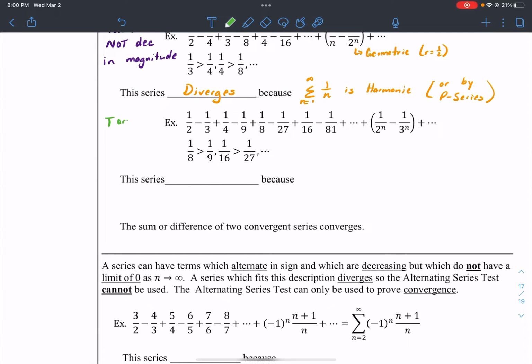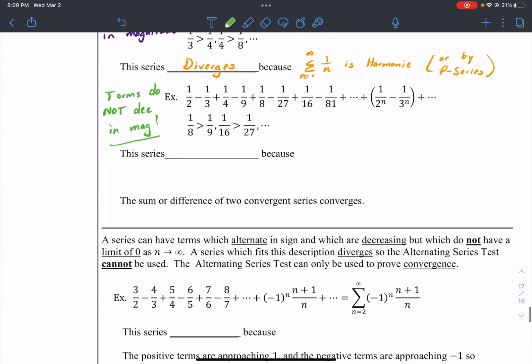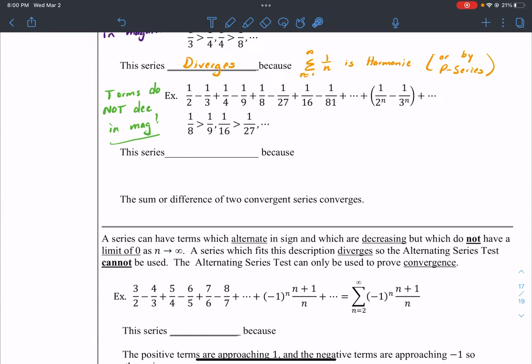Again, let's go back to this. Okay, terms do not decrease in magnitude. Remember, we're never looking at the sign, the positive or negative. We're only looking at the magnitude pieces. So when I look at this as a general term, as an nth term situation, that right there is a geometric series.